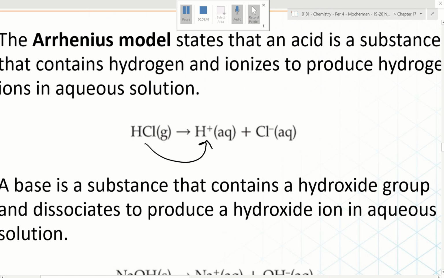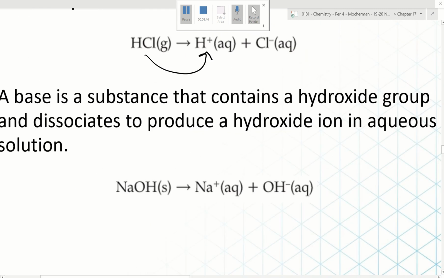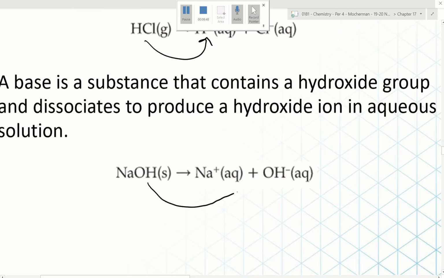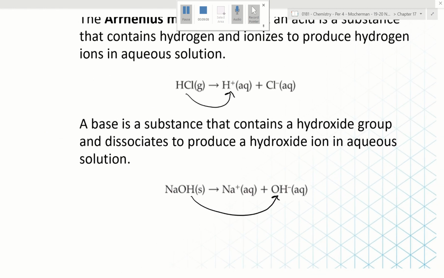So anything, if you put it in water, that increases the concentration of H+, is an acid. Whereas a base is anything that increases the concentration of OH-. So if you have sodium hydroxide and you put it in water, the amount of hydroxide goes through the roof, which means it's increasing in concentration, therefore it's a base. So anything added to water that increases the concentration of hydroxide would be a base. So that's the Arrhenius definition.